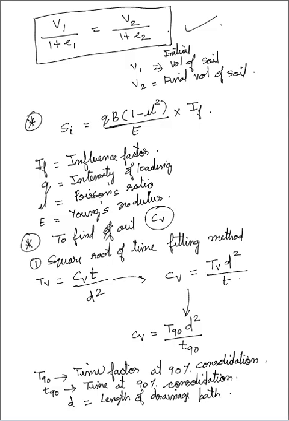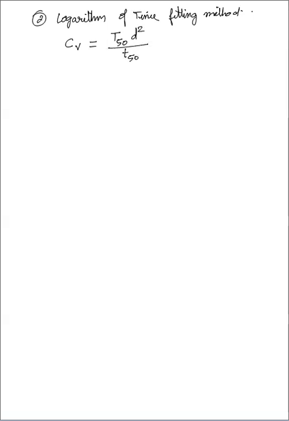Another method, number 2, is the logarithm of time fitting method. Here the equation remains the same, but we take T50 D square upon small t50, basically 50% consolidation. Capital T50 is the time factor, so don't get confused.